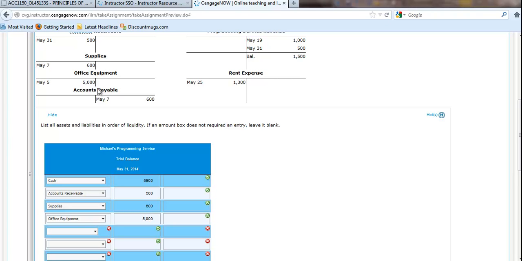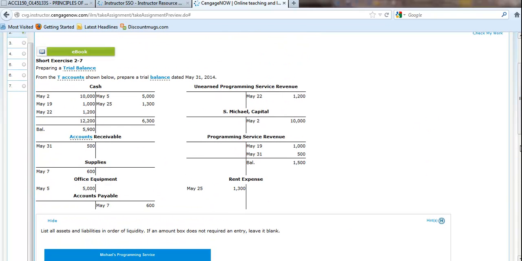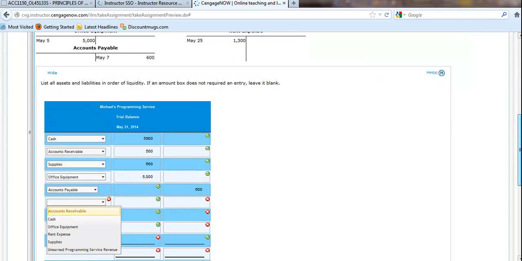Now I move on to liabilities. Accounts payable is my first liability, and it has a $600 credit balance. After accounts payable, if I scroll up, I'll find my unearned programming service. Remember, that's also a liability; I owe a service, and it's $1,200.